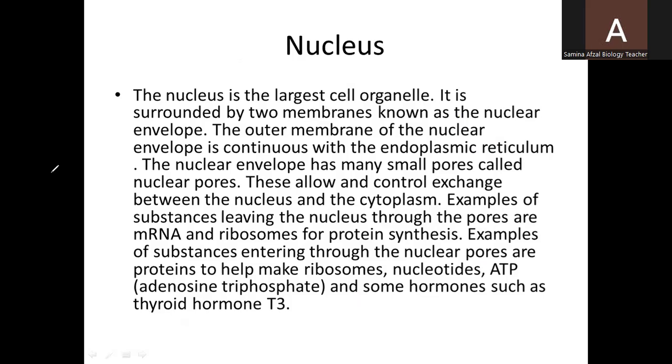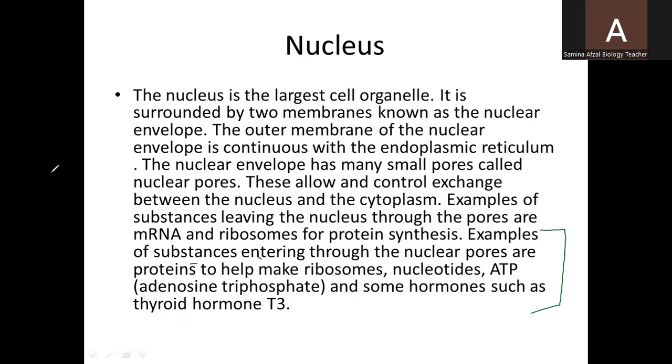Examples of substances leaving the nucleus through the pores are messenger RNA and ribosomes for protein synthesis. Examples of substances entering through the nuclear pores are proteins to help make ribosomes, nucleotides, ATP, and some hormones such as thyroid hormone T3. I already told you that it will allow some molecules to pass through it.